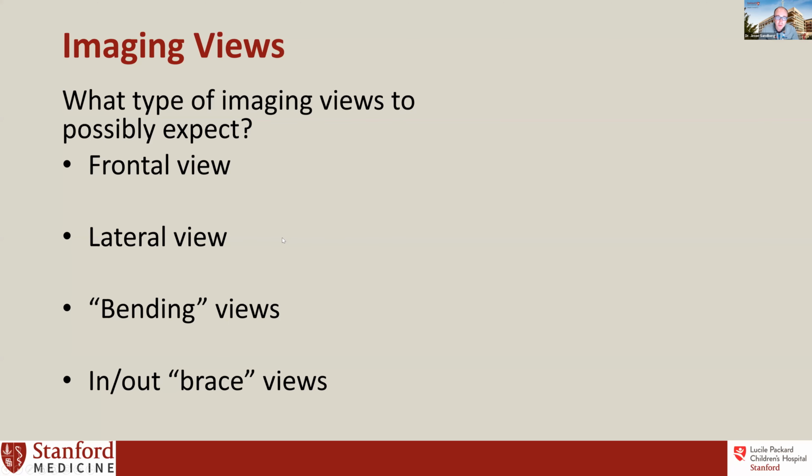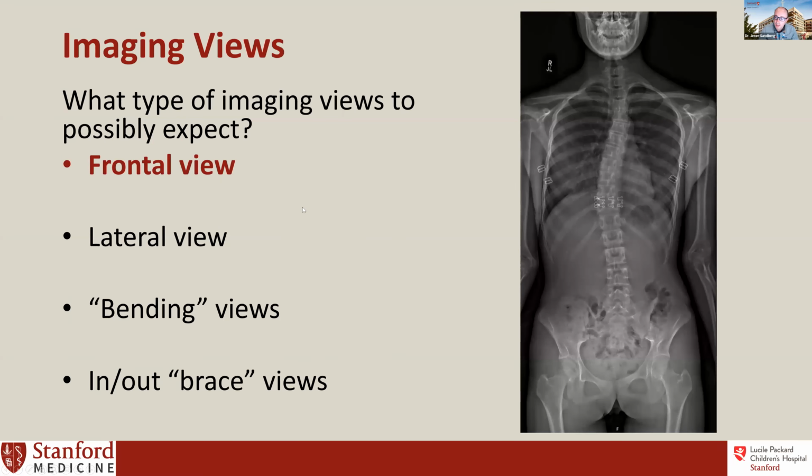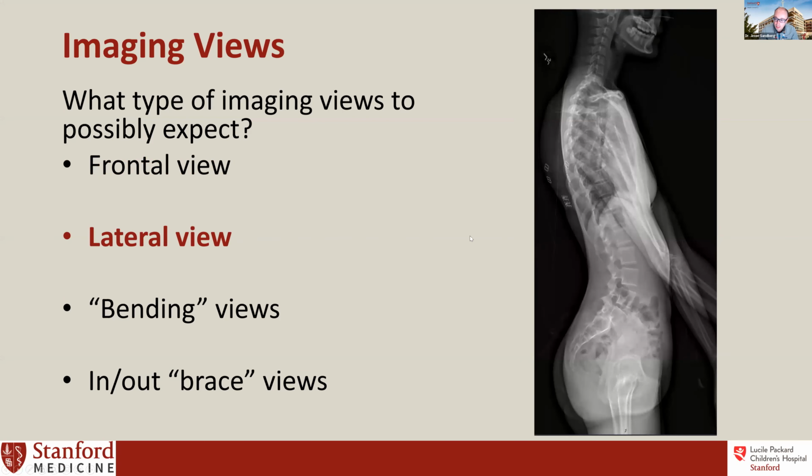So what are the typical views you might expect when you go into a radiology suite? You can get a frontal view, or the radiology term is an anterior-posterior view, for anterior to posterior, where the X-rays are getting emitted. And a lateral view, where we take a view of the spine in the lateral position, so we could see the curve of the spine in the lateral position.